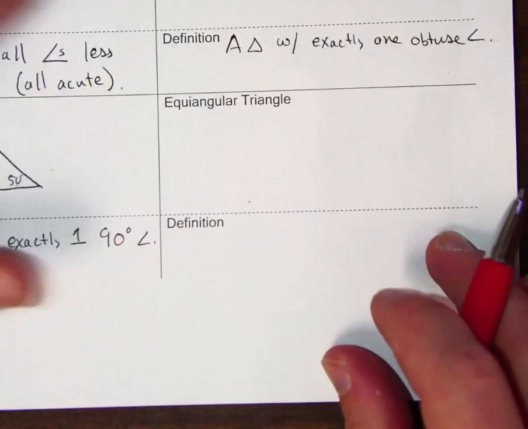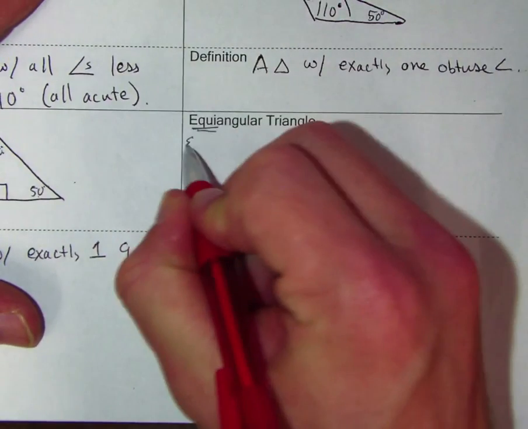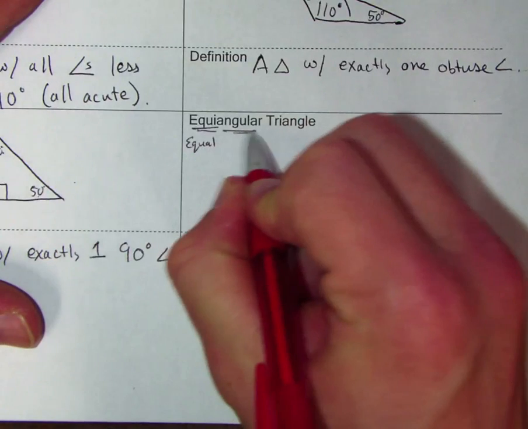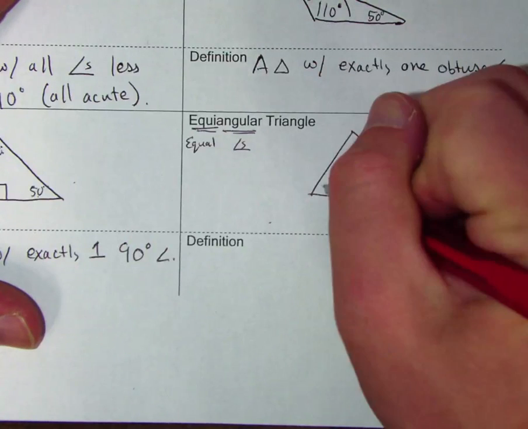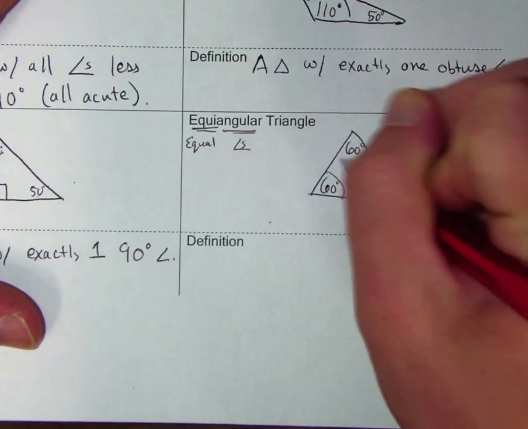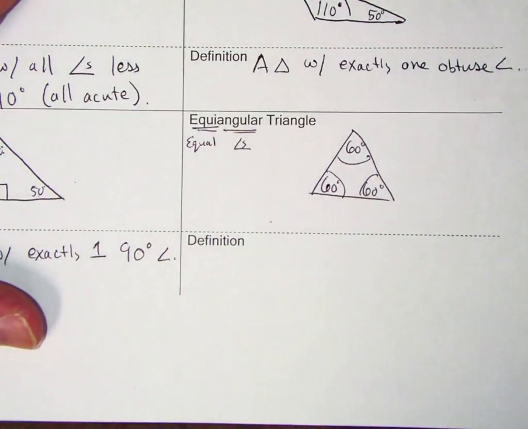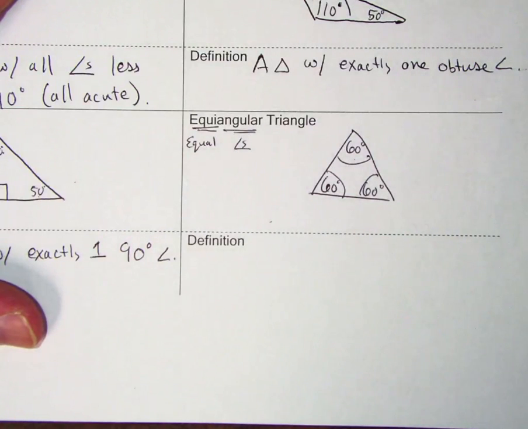Last but not least, equiangular triangle. Equi means equal. Angular means angles. So for us here, that would be a triangle that has all of its angles congruent. And for that to happen, since they have to sum to 180, it's going to be 60, 60, 60.